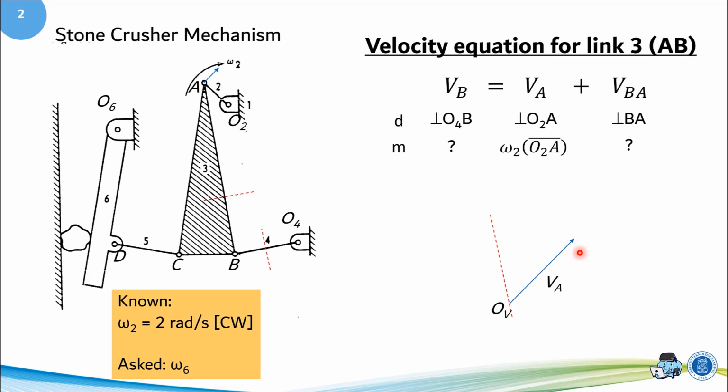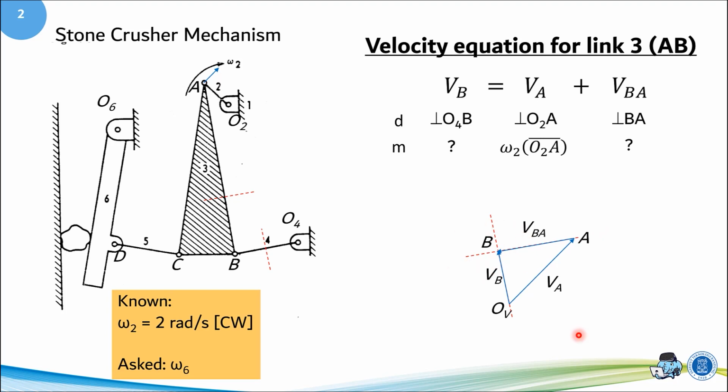Next, we draw the direction of Vba, and then we see there is the intersection, so we can complete the velocity polygon. This is the vector of Vb, and then this is the vector of Vba. And this is the point A, and this point is the joint B.